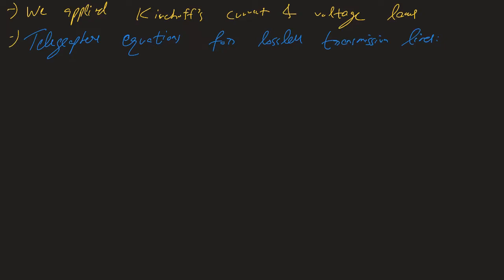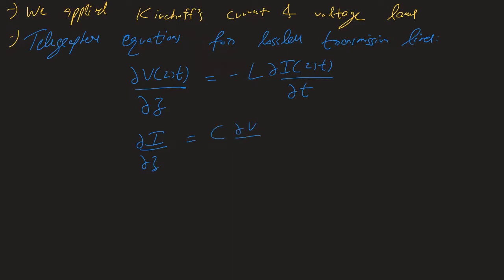The Telegrapher's equations for lossless transmission lines were that partial V of z,t by partial z is equal to minus L partial I of z,t by partial t. And the second Telegrapher's equation was that partial I by partial z is equal to C partial V by partial t.